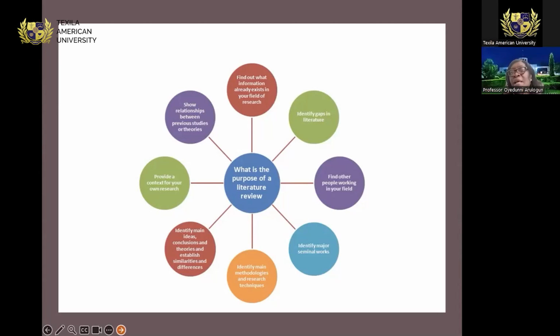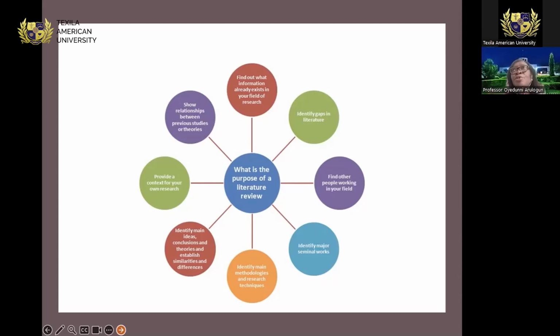Then it will also help us to find out different works that have been done. Through literature review, we can identify main methodologies that have been used in relation to that. Now, why is that important? That is important because you don't want to waste scarce resources to deploy a methodology that has been found not to work.